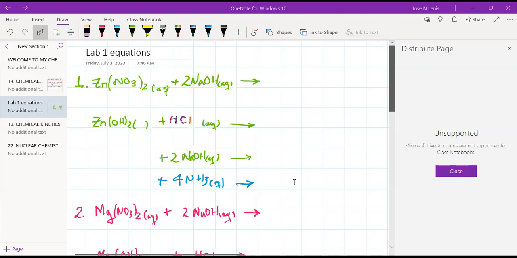Can they behave as both acid and base? So that's one part. And the second part is, can they form metal complexes? We'll see.